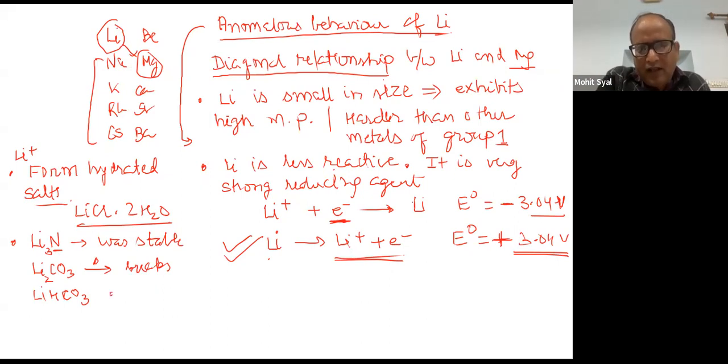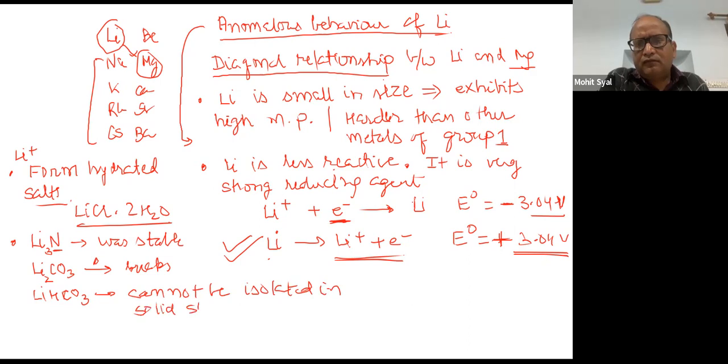But lithium hydrogen carbonate cannot be isolated in solid state. You can't get a solid powder after it, because it is going to decompose.